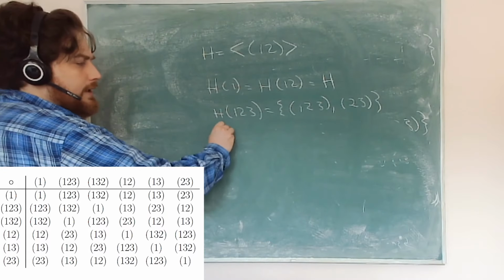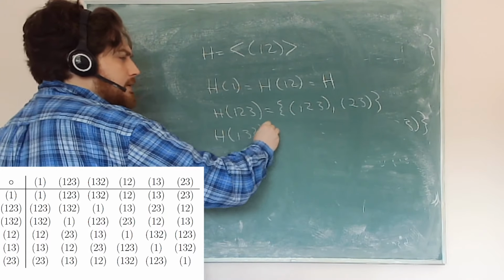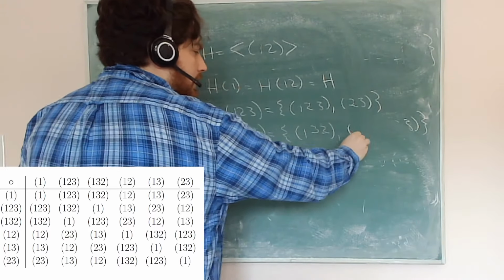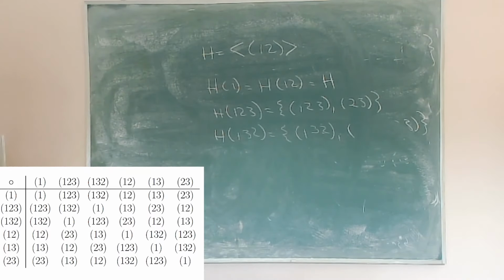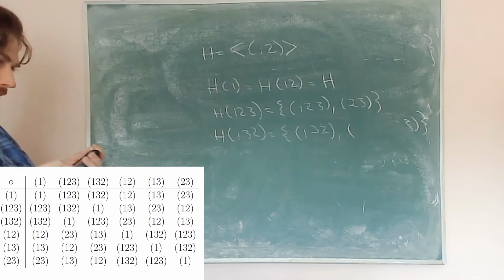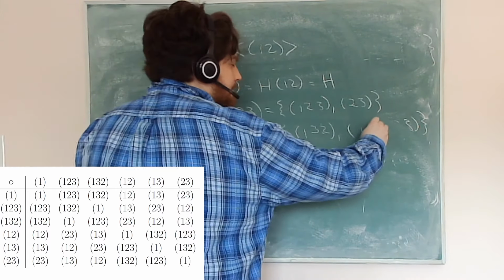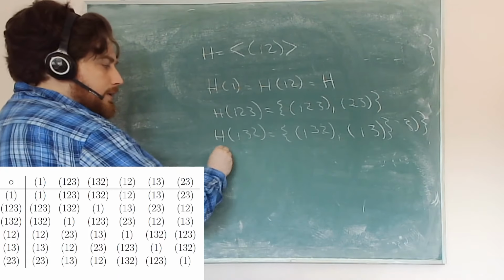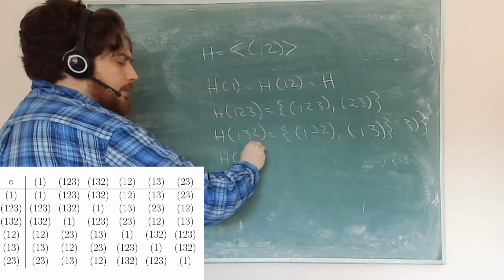And then I can find H(1 3 2), which is going to be (1 3 2). And if I read off (1 2) composed with (1 3 2), it's going to be (1 3). And then I already know H(1 2), so I have to do H(1 3).